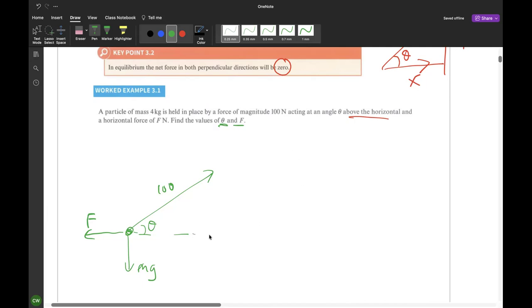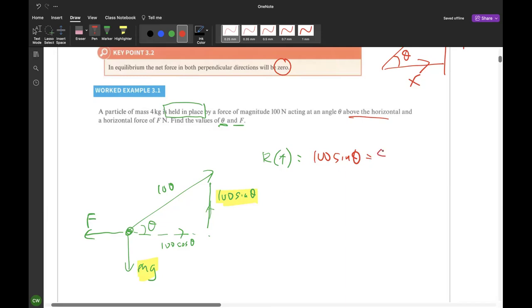So held in place means not moving. Equilibrium. You can resolve vertically. Here there are two components: 100 cos theta is next to the angle, 100 sine theta is here. So when you resolve vertically, this force is balanced by this force. So 100 sine theta is balanced by mg.